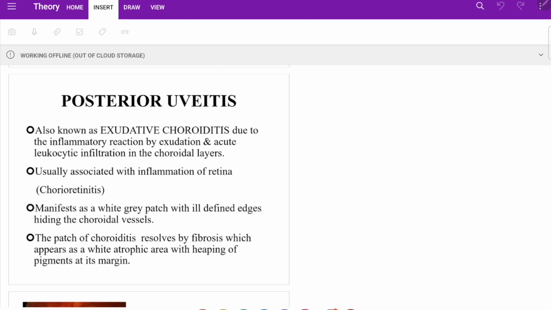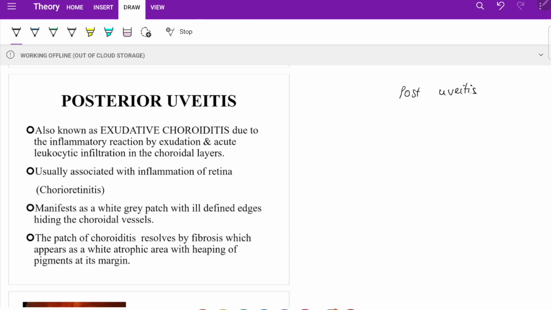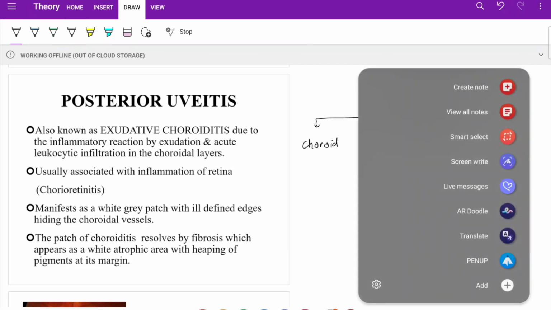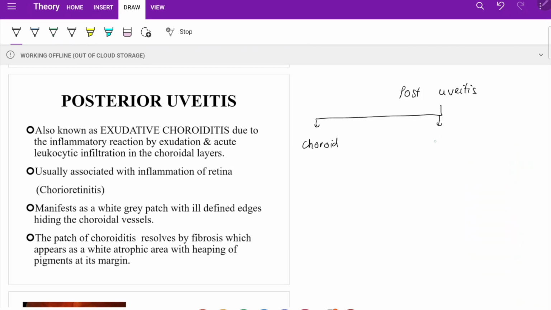And I think I have already told you this. Posterior uveitis can actually turn into three things. Number one is going to be choroid. Second, it can cause inflammation in your retina. Or the third thing is going to be your retinal vasculature.